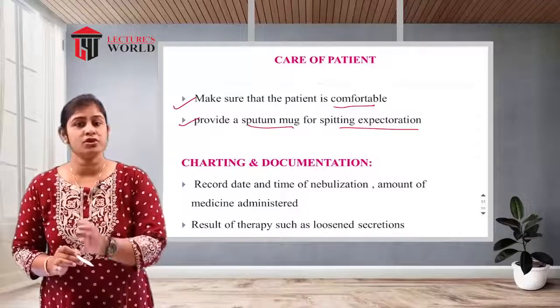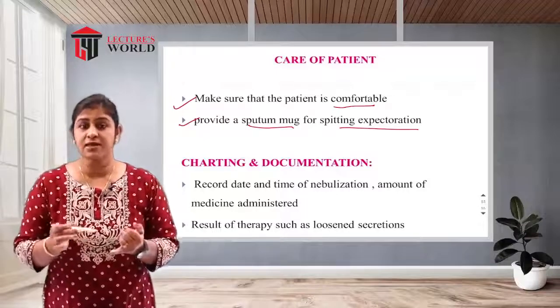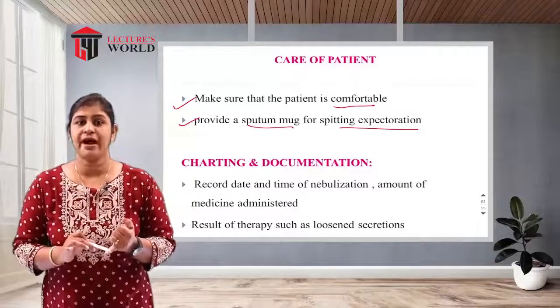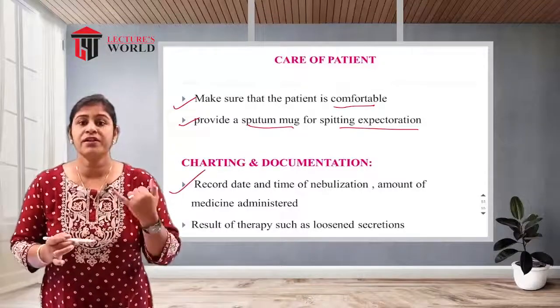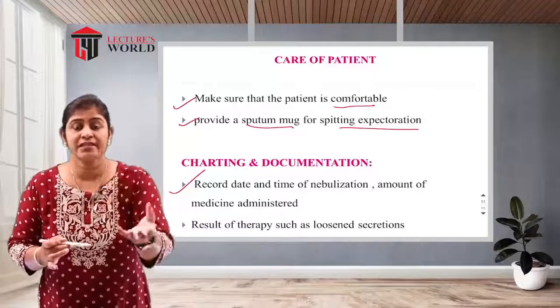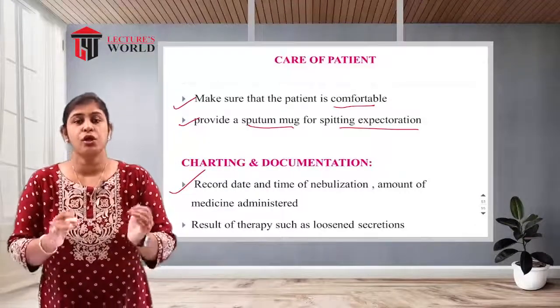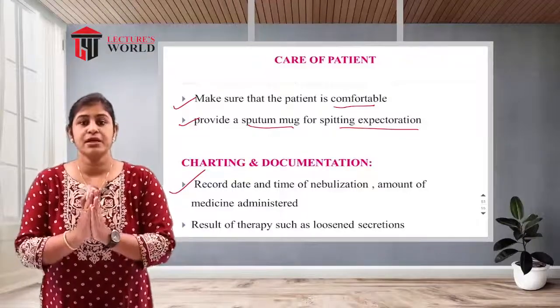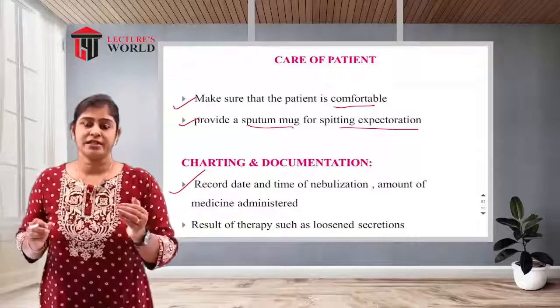Next point is charting and documentation, which is a very important part of the procedure. You have to record the date, time, which medications you have given, and the duration. Then record the result of the therapy: after giving nebulization, what was the result, did the patient spit any expectoration, what was its color, whether it was thick or soft.